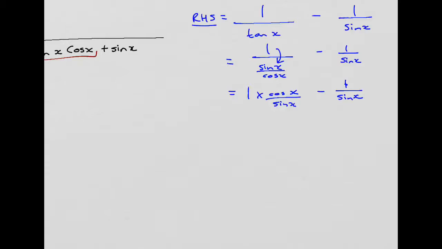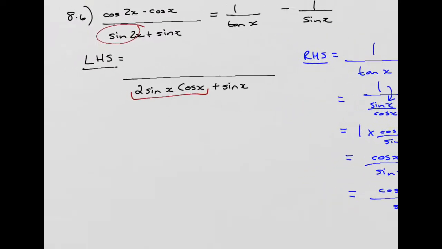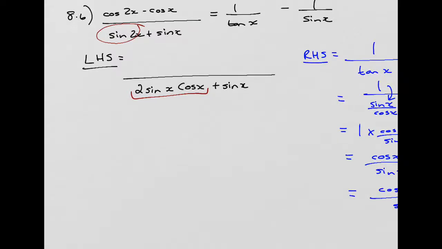So now I've got cos x over sine x minus 1 over sine x. They have the same denominator, so I can join it to cos x minus 1 all over sine x. So now if we go back to our left-hand side, I've got at the moment a cos 2x minus a cos x.